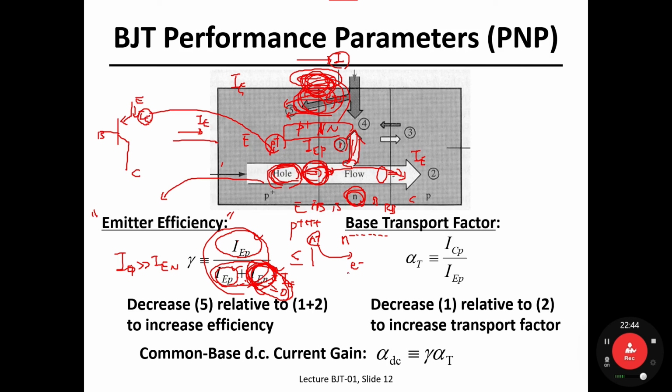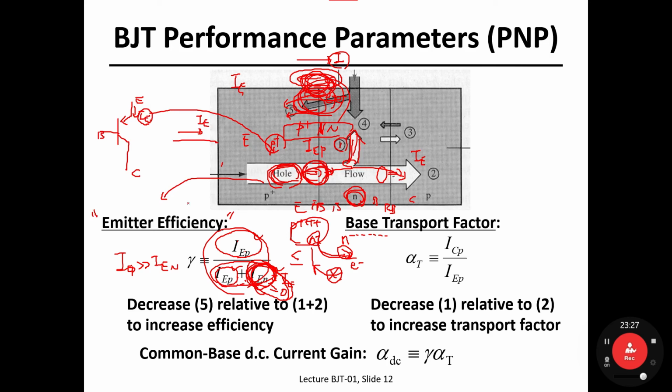Even though a small tiny amount of electron has been injected into the p side, this amount of injected electron is almost negligible compared against the total amount of holes injected into n side, because this p side is much more heavily doped. Okay, so to achieve the maximum value of emitter efficiency, how to design the BJT? Yes, emitter doping concentration should be much higher than the base doping concentration. That is a very simple solution, and that is a basic device design guideline for BJT.